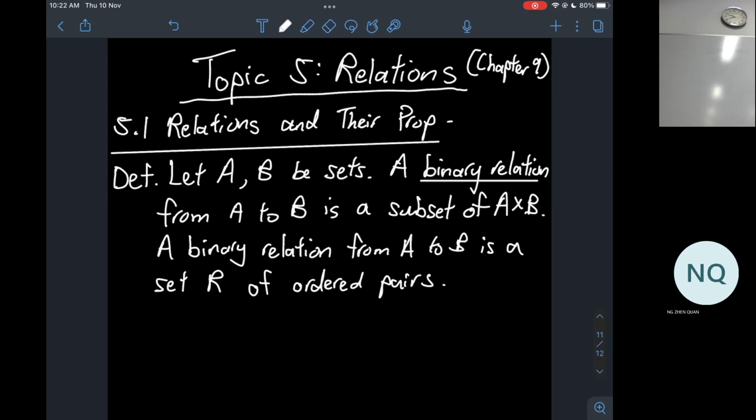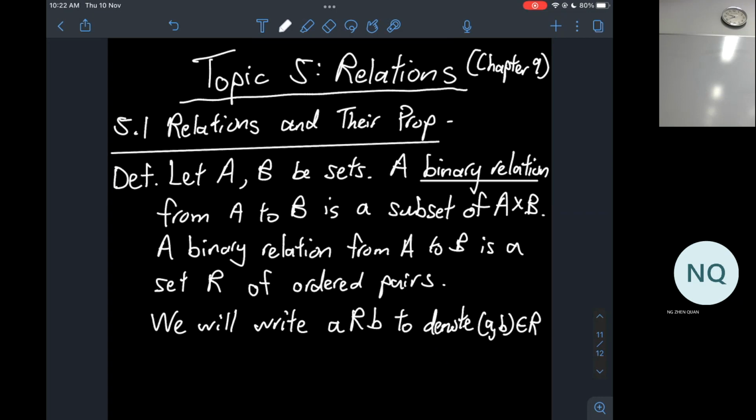So the order is important: (a, b) and (b, a) are different. We write aRb to denote that the ordered pair is in the set R.